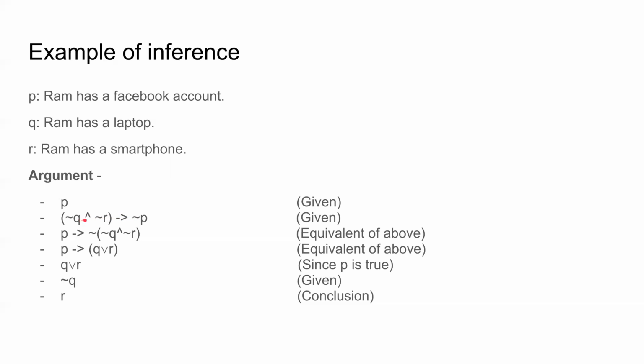And we are given that if a person doesn't have a laptop, if a person doesn't have a smartphone, then that person cannot have a Facebook account. So that statement we have expressed through this symbol. Negation of Q, Ram has a laptop, and negation of R, Ram has a smartphone, implies negation of P, Ram has a Facebook account.